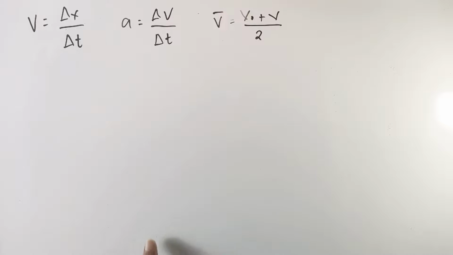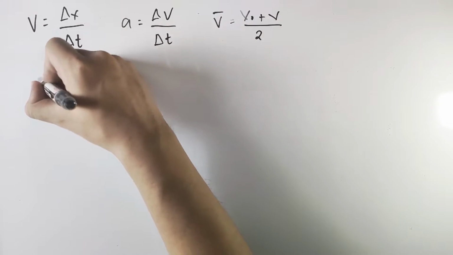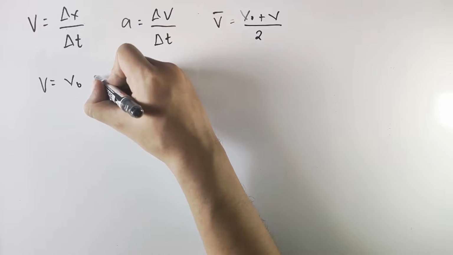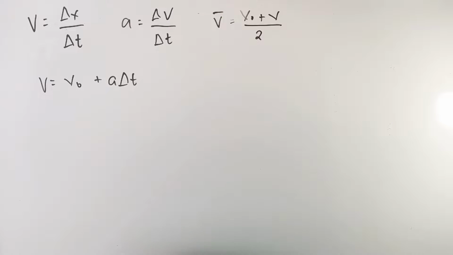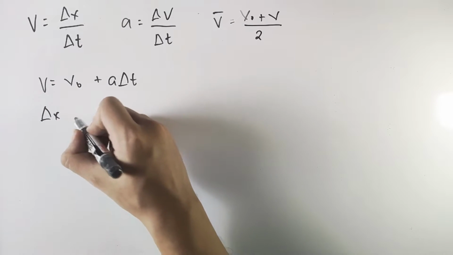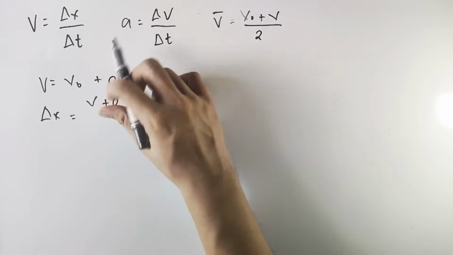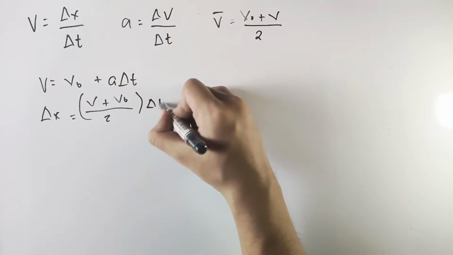But when it comes to kinematic equations, these are the derived forms coming from these three. So these four would be, okay, I'm going to write them down. So final velocity is equal to initial velocity plus acceleration times time. Then we have displacement is equal to the average velocity times time.